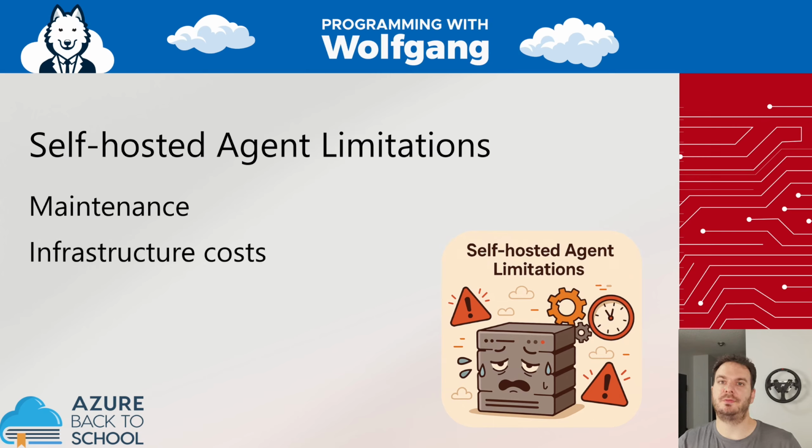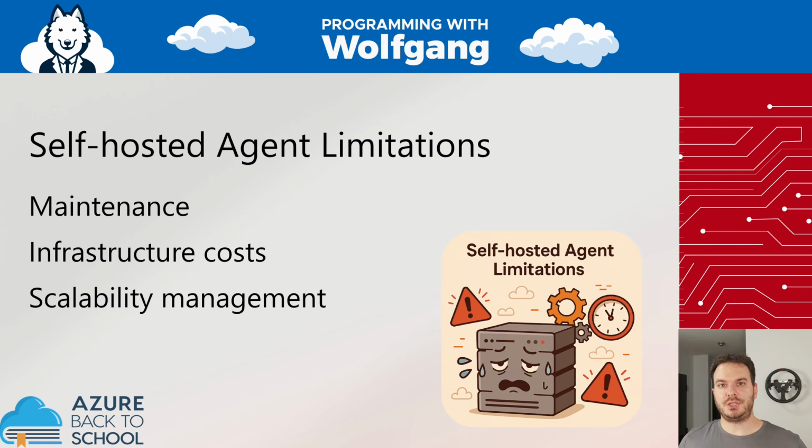Also, I'm responsible for the costs of the infrastructure. If I'm having a server just standing around, I can use it, but if I don't have any hardware, I have to buy it or I rent it on the cloud, and I have to pay for that. Another challenge I have is with the scalability. This means I'm responsible to make sure that my developers have enough agents and enough resources.